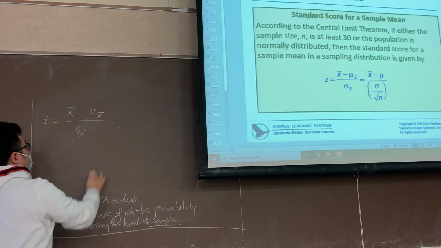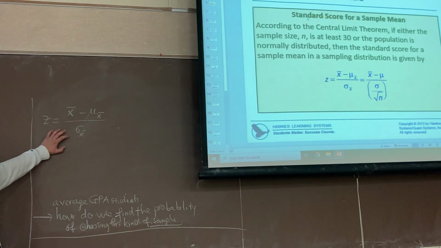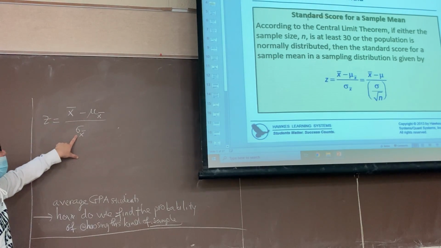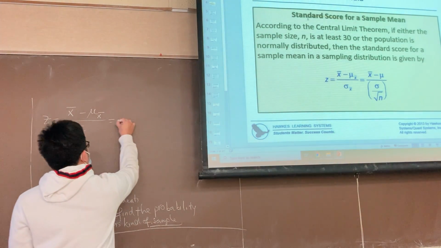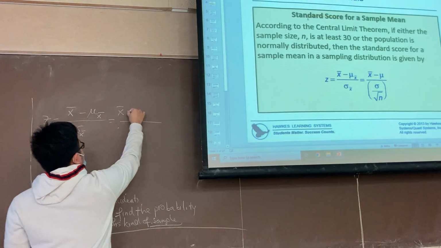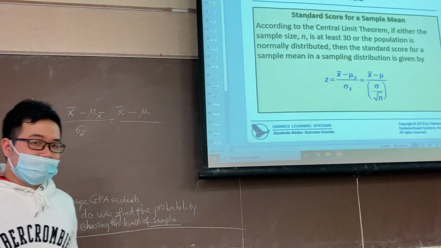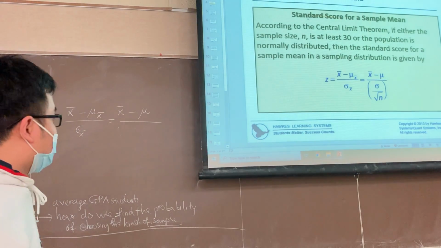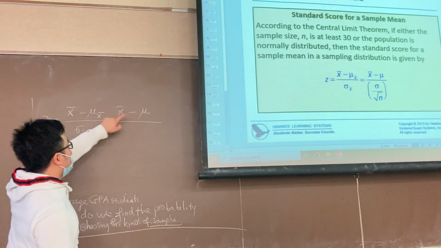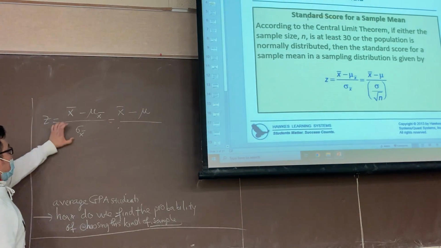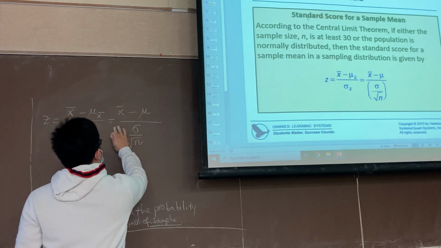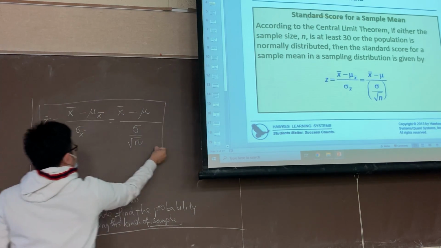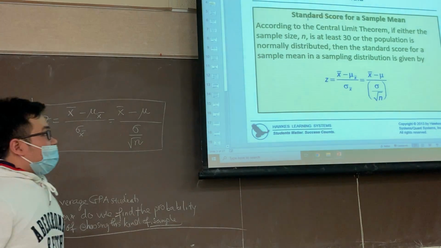Because we consider the sample here, it is x bar minus mu x bar over sigma x bar. The central limit theorem says that the mean of the sampling distribution equals the mean of the population, so mu x bar equals mu. And the standard deviation of the sampling distribution equals sigma over square root of n. So we can use this formula to calculate the standard score of the sample mean.